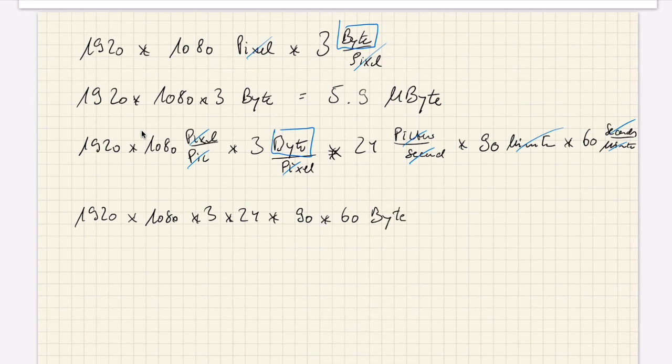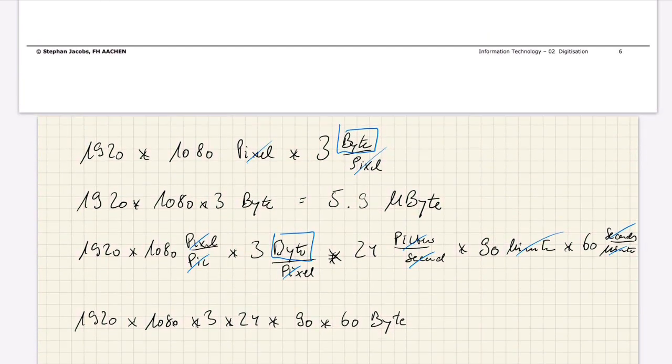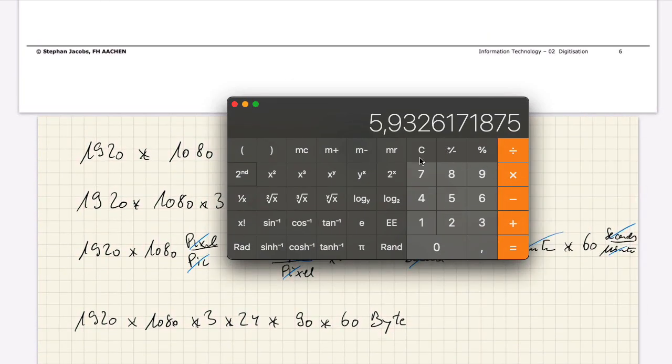And again, I will use a calculator. So I will have 1920 times 1080 times 3 times 24 times 90 times 60, and you can see it's a relatively high number, so I'll divide it by 1024.